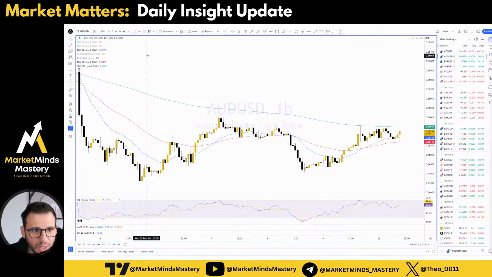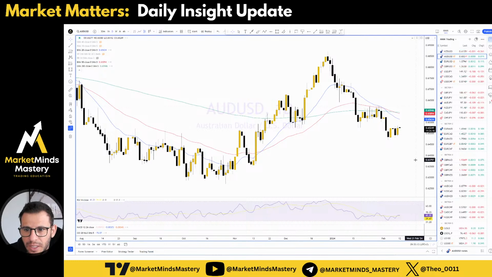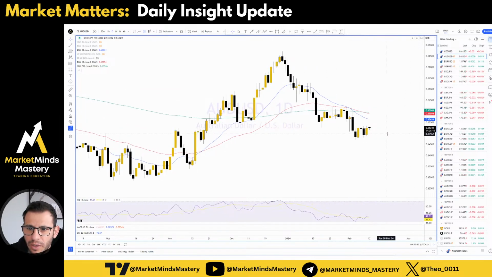So let's get started. Now, first one, Australian dollar, US dollar. Ladies and gentlemen, the price created these lower highs and lower lows. Now, there is a battle between the buyers and sellers. You see one bearish candle, one bullish candle, one bearish candle, one bullish candle.